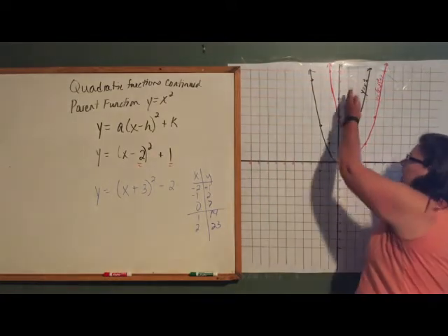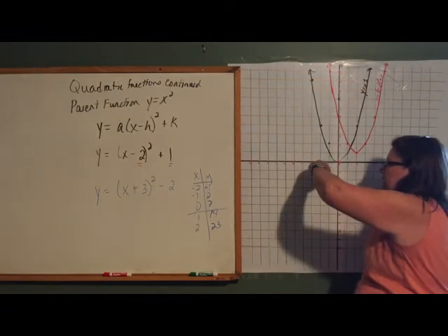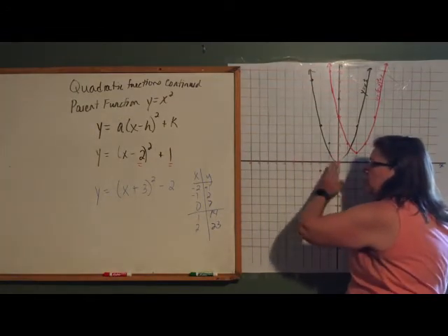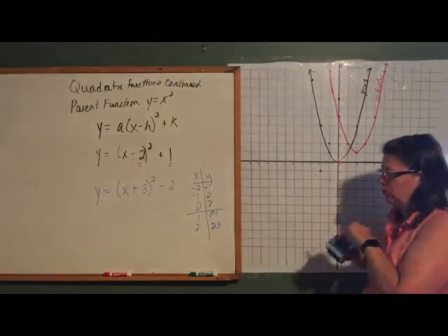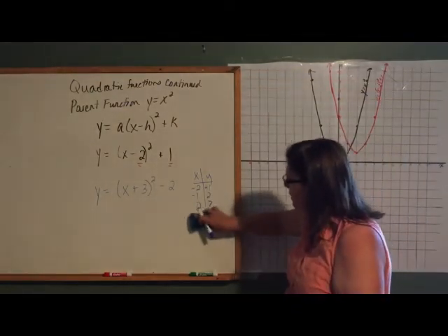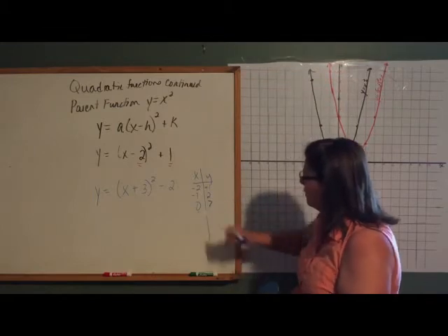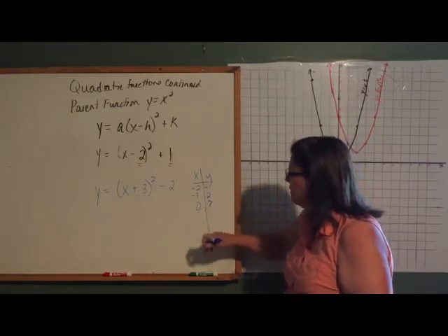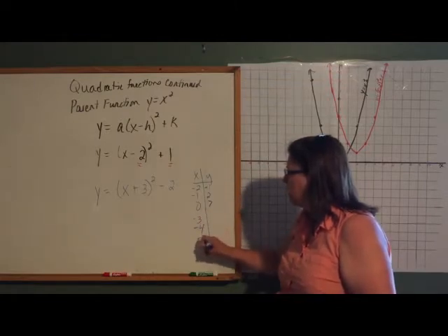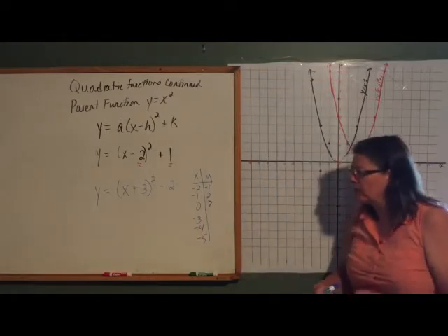So if I have these numbers, I need to pick some more numbers for x that are to the left of negative 2. All right, so these didn't really do me any good. I'm not going to go any further with positive numbers. But let's look at what happens if I do some more negatives, like negative 3, negative 4, and maybe negative 5. I'll just do 3 more and see what happens.